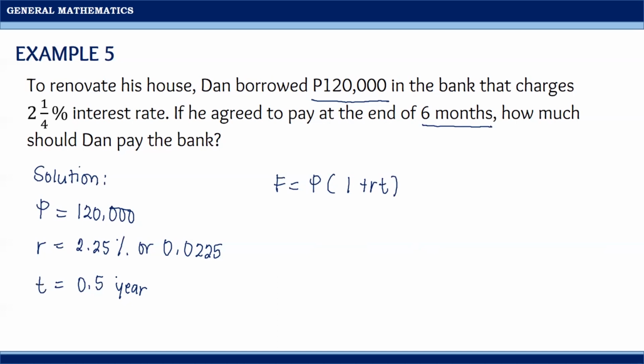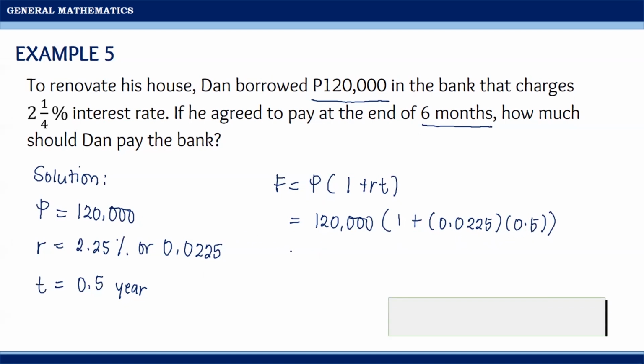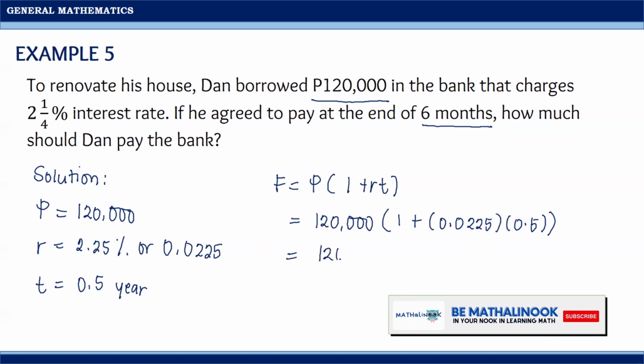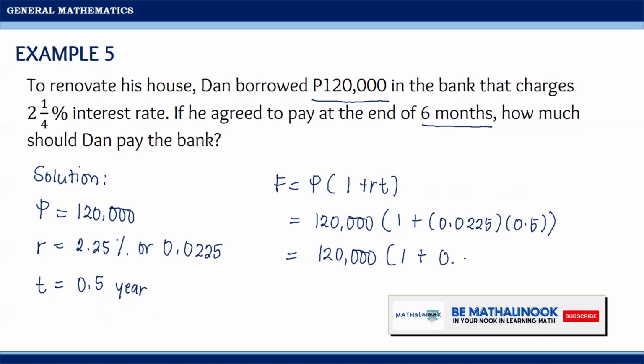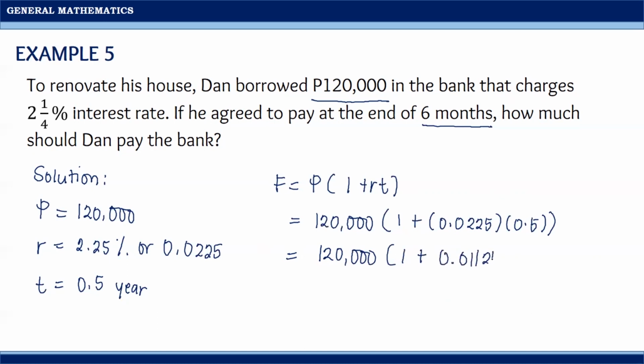Substituting our values to the given formula, then we are going to have 120,000 times 1 plus 0.0225 times 0.5. What we need to do first is to multiply 0.0225 times 0.5. So we are going to have 120,000 times 1 plus 0.01125.